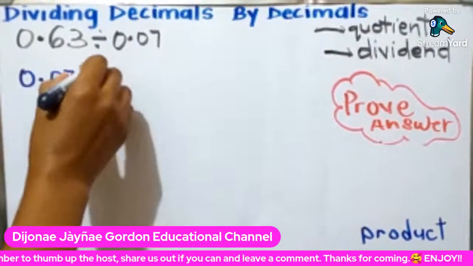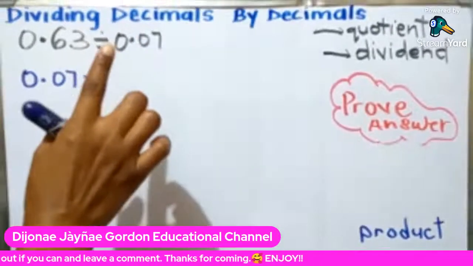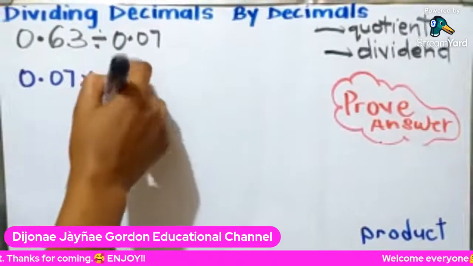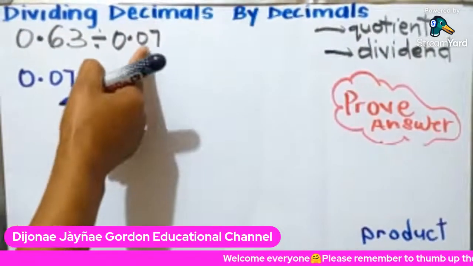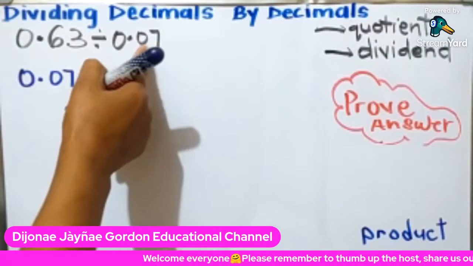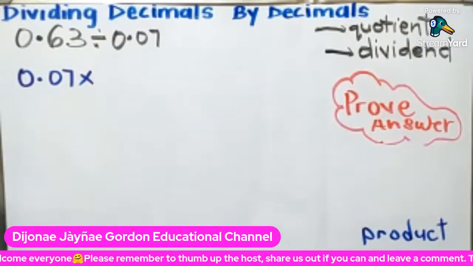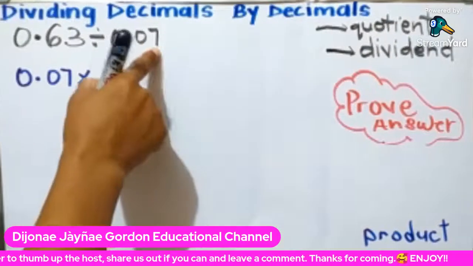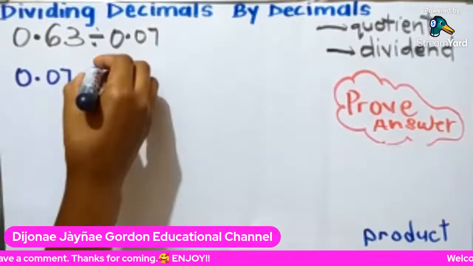We are going to multiply it by 100. All right, so how do I know what to multiply it by? We have 1, 2 digits after our decimal place. So that is telling us that the 7 now is in our 100th place. All right, so we're going to multiply by 100 right here.